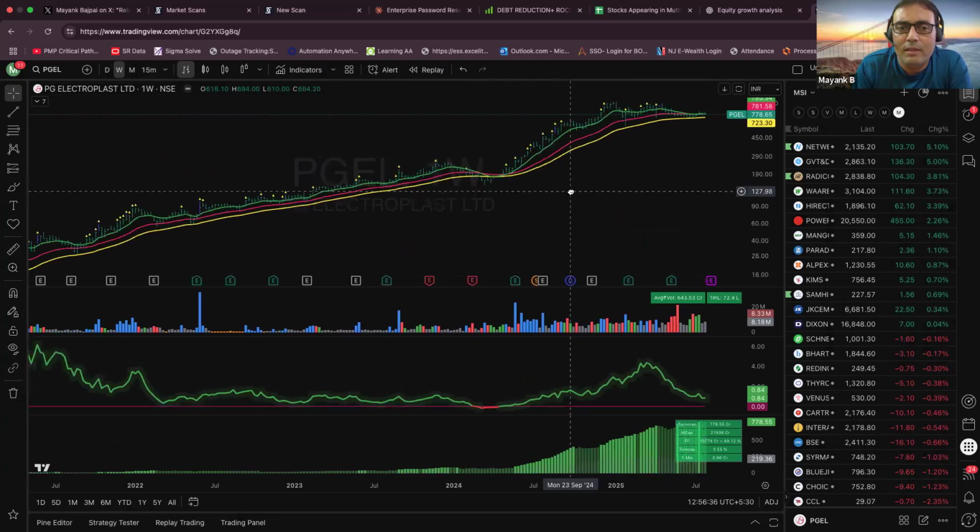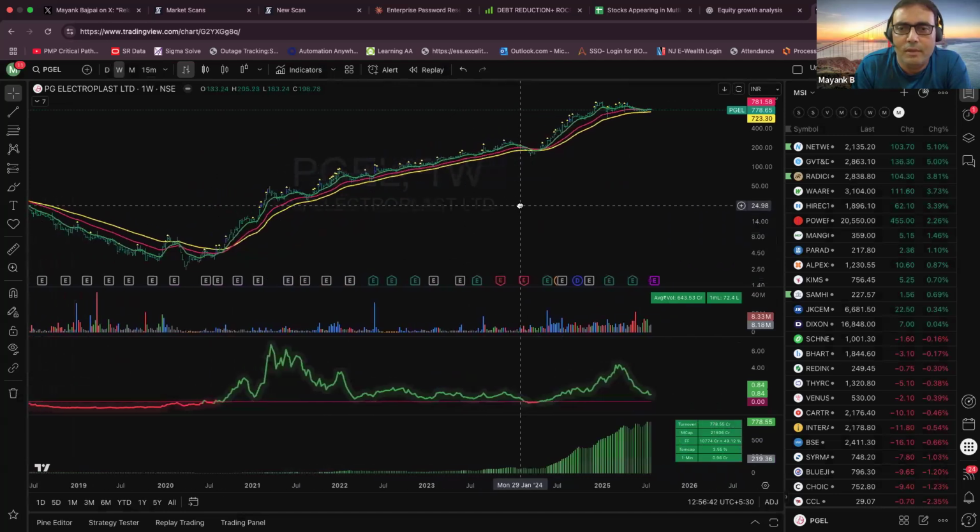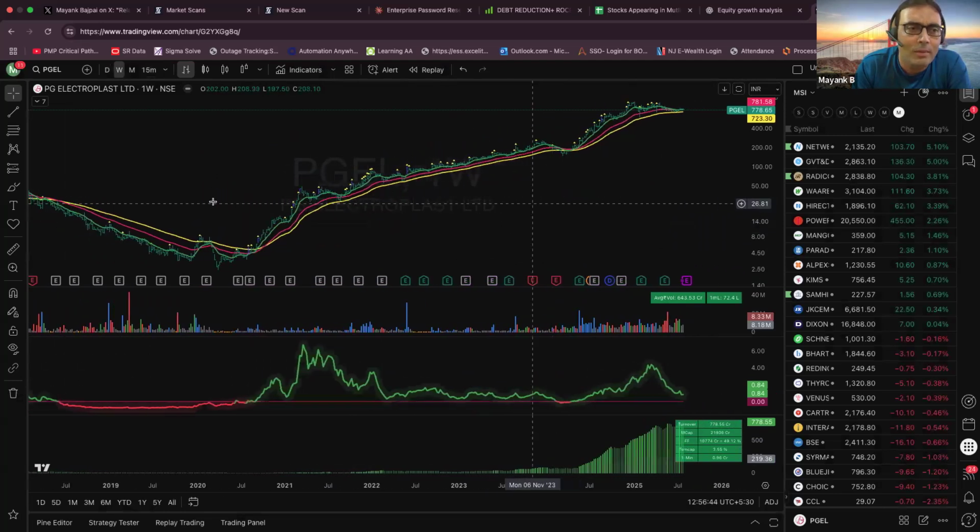So if you look at the weekly chart and I have to just summarize this, look at the trend, right? If you look at the trend from August 2020, it has not given a meaningful exit anywhere.